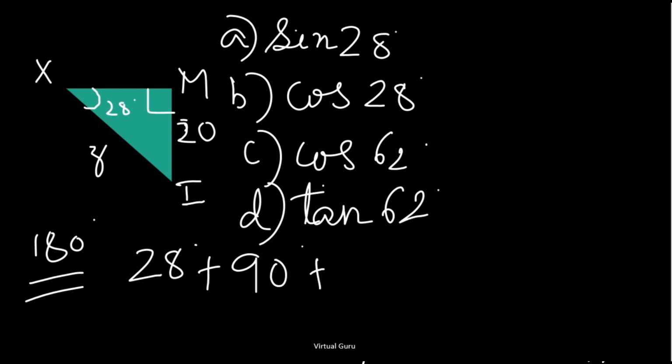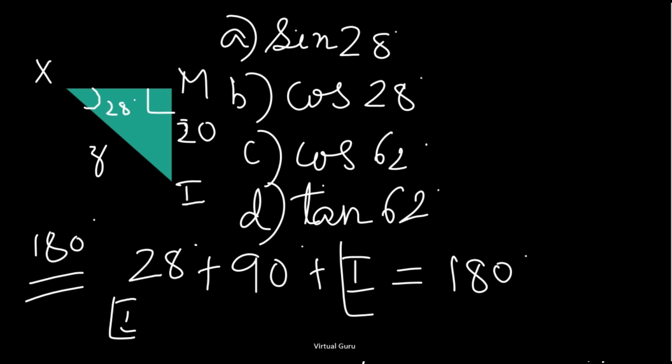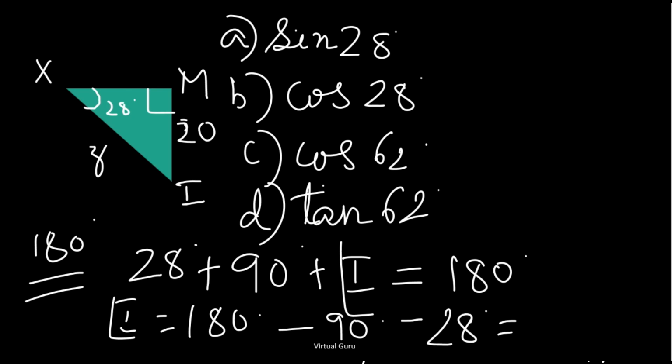Yes. Do we know the angle at I? No. Whatever it is, the sum of these three is equal to 180 degrees. This is a basic rule in a triangle. Now, what is this I? Bringing all this to the right hand side, 180 minus 90 degrees minus 28 degrees. If you subtract this, you will get 62 degrees. This is how they got 62. So we also know this angle is equal to 62.